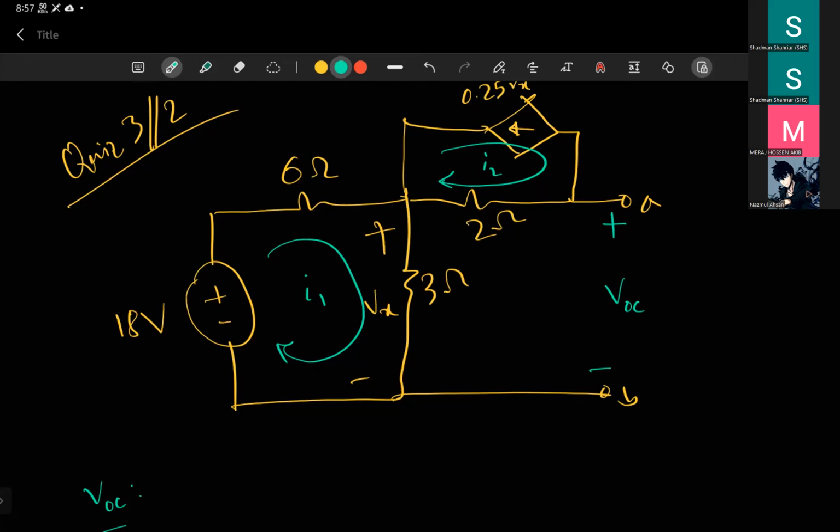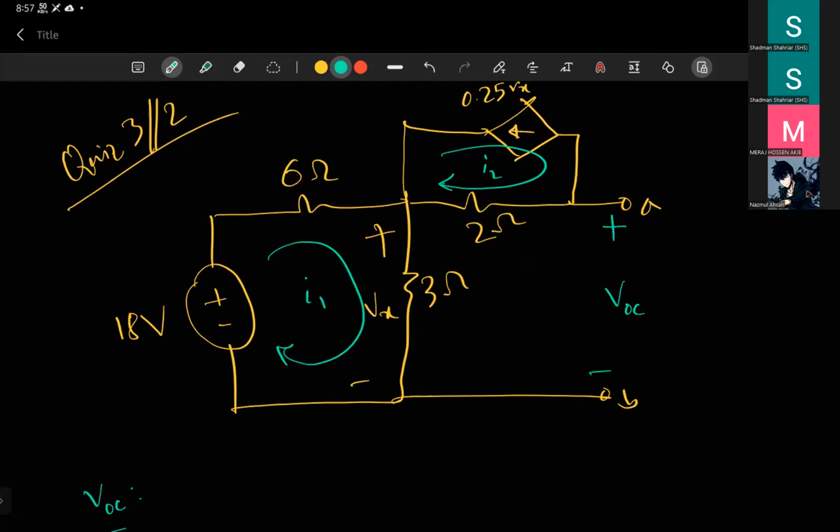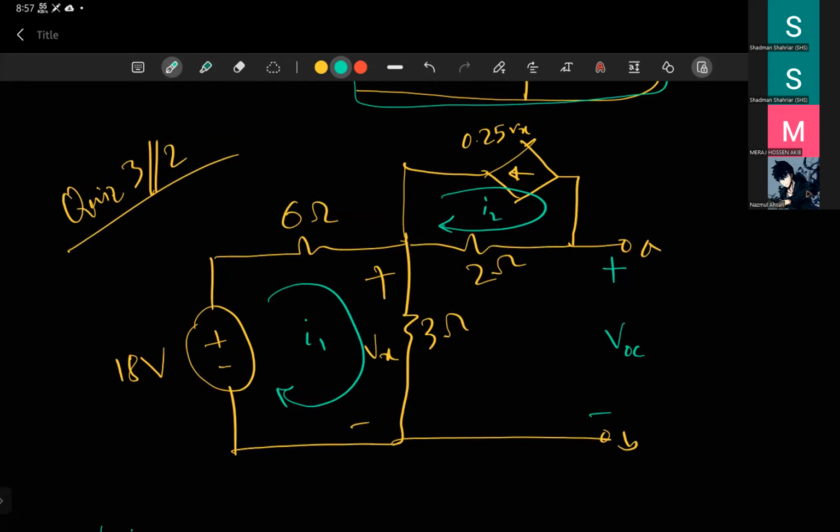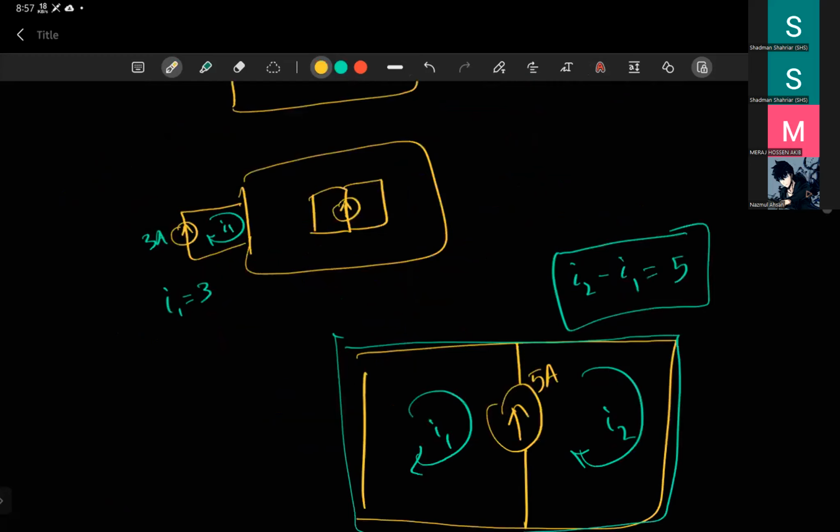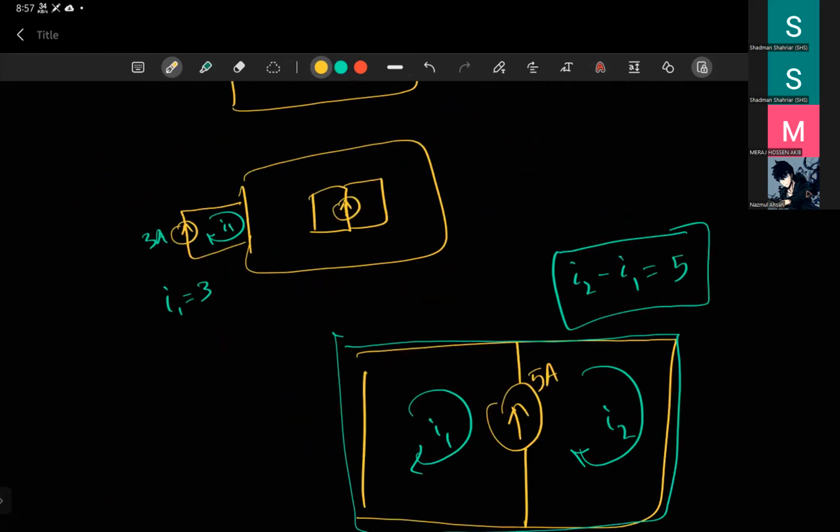For example, if you are doing mesh analysis, the point of contact should be, is there any current source? So yes, there is a current source here. If you have a current source, you have to write carefully there. Like I said, if you have a current source, you can easily write the equation like this instead of writing KVL.